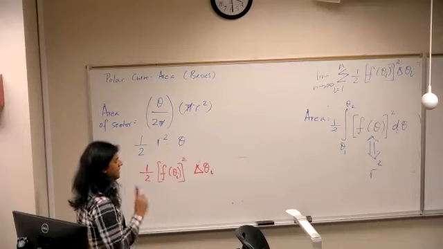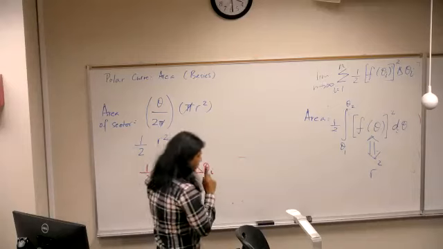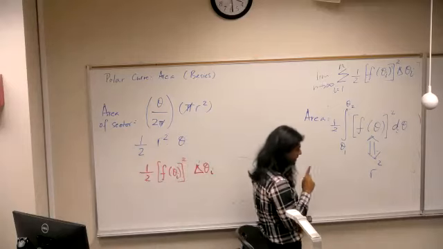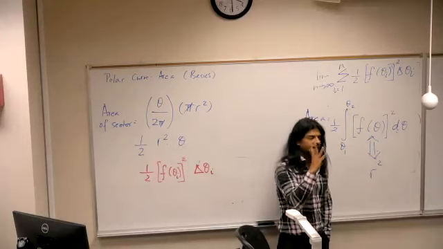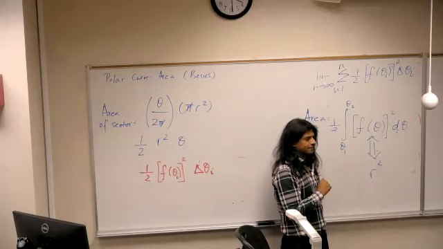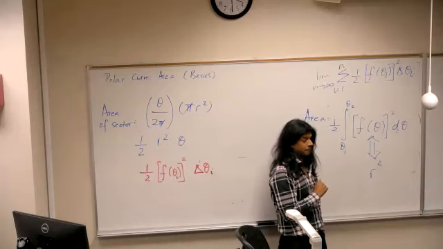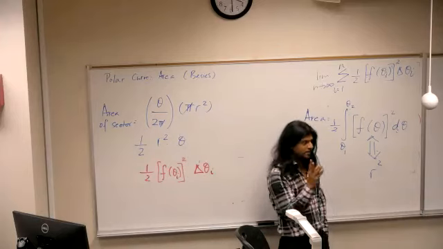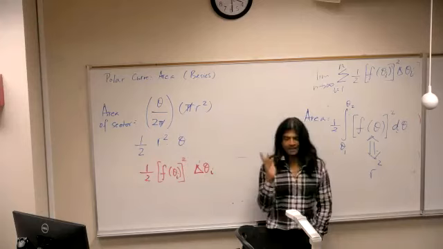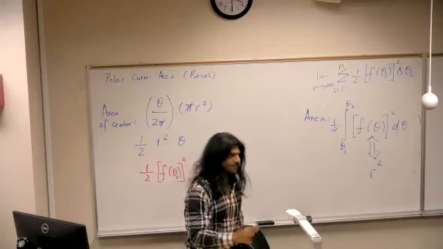Common mistake. When we do area in the rectangular system, when we find the integral, what area are we finding? That's an easy question. In Calculus 1, when you found the area using an integral, what area did you find?